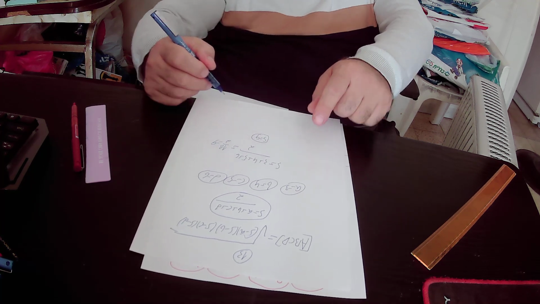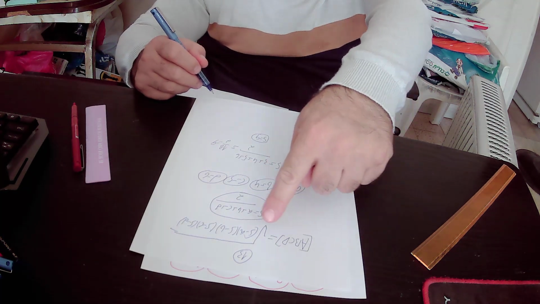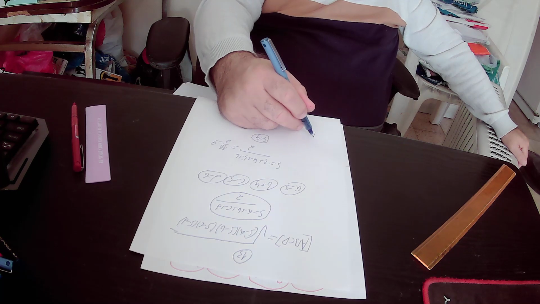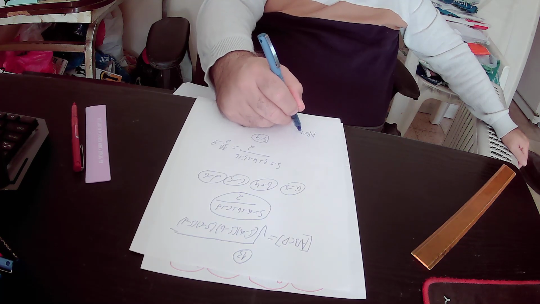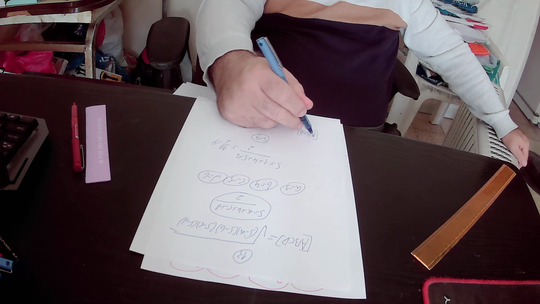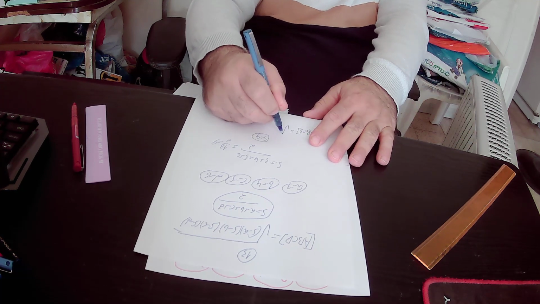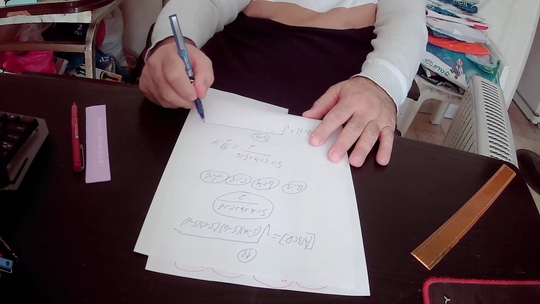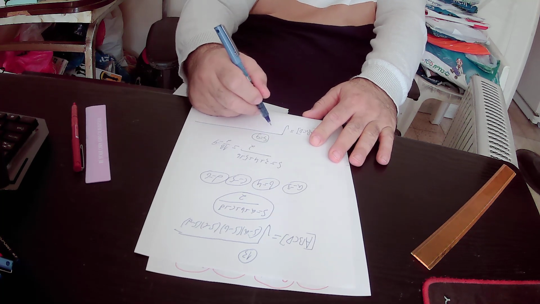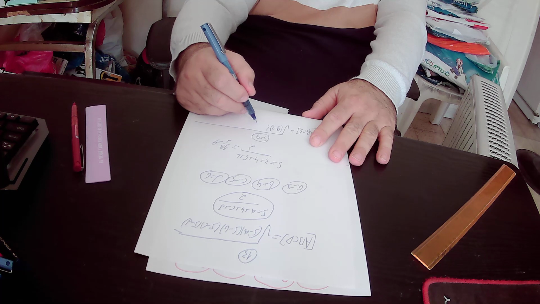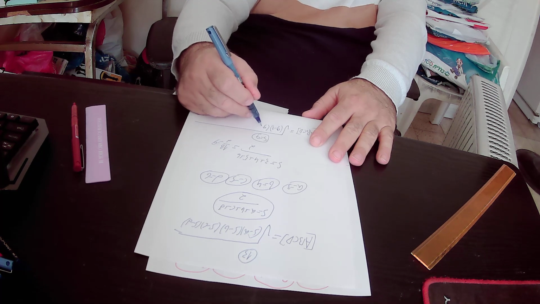So we can substitute S in this equality by 9, and we will get that the area of quadrilateral ABCD equals the root of: S is 9, A is 3, so it is 9 minus 3, times S minus B. S is 9, B is 4, so it is 9 minus 4.